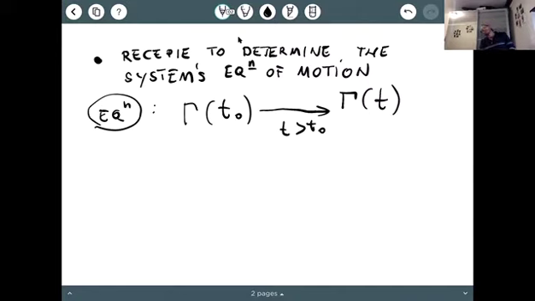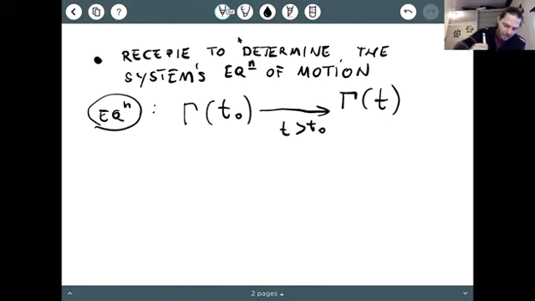So, for instance, I know the initial position and velocity of the atoms, or if you want, of this cap here. I know, for instance, that it is still at rest and at 1 meter from the floor, and by solving some equations of motion, I must be able to find out what will be the position and velocity at some later time.